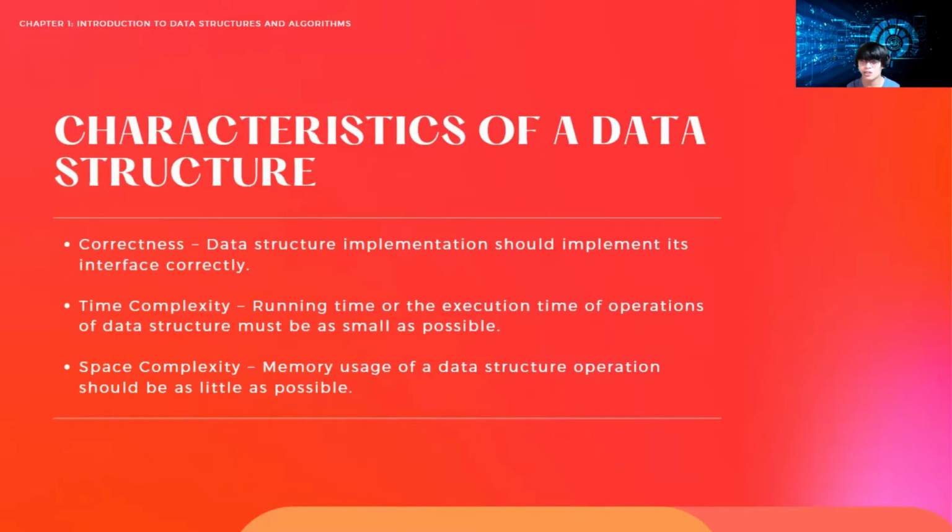Again, the first one is correctness. It should be implemented correctly, and the time complexity should always be as small as possible. And we also have space complexity. Very important that you consider the memory usage of the data structure operation, which should be as little as possible.